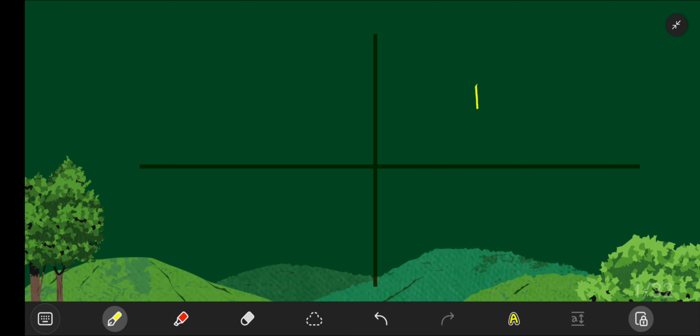This is quadrant 1, this is second quadrant, this is third and fourth. 0 degrees.